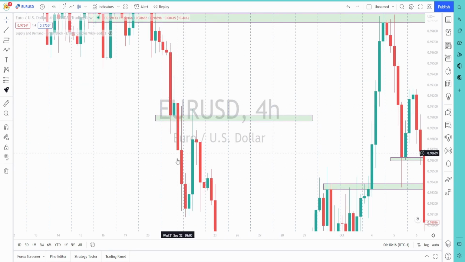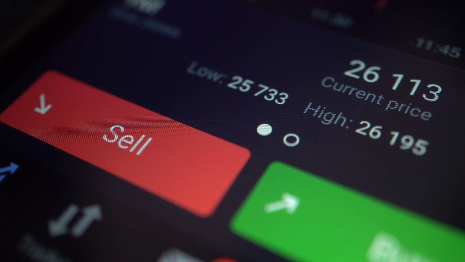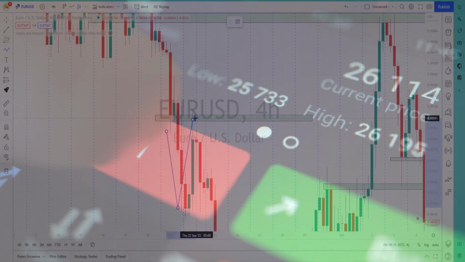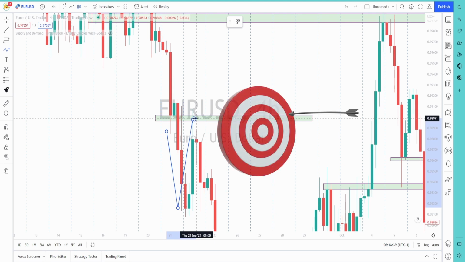Here we go. Price comes down, comes right back up into this area. And like I said, you could be looking for selling opportunities on a lower time frame once it comes into that area, and then taking as many entries.